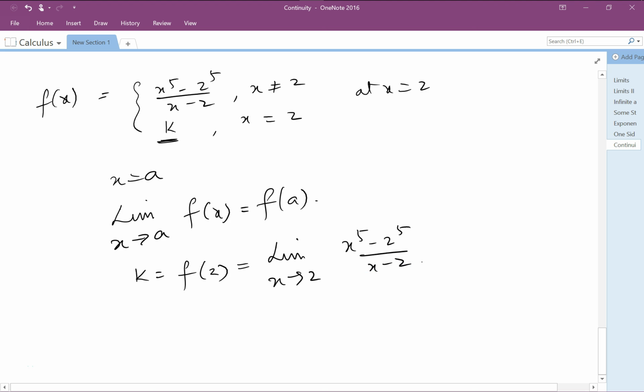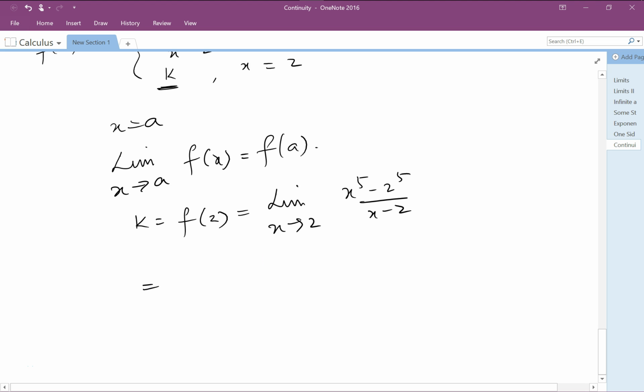Now you have to remember that there is a standard limit for this. The standard limit is: limit as x approaches a of x to the power of n minus a to the power of n by x minus a is equal to n a to the power of n minus 1.